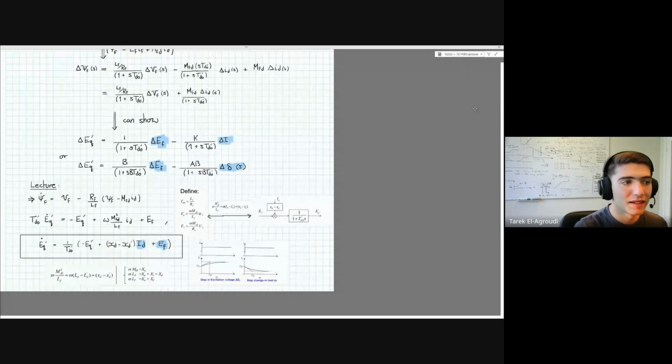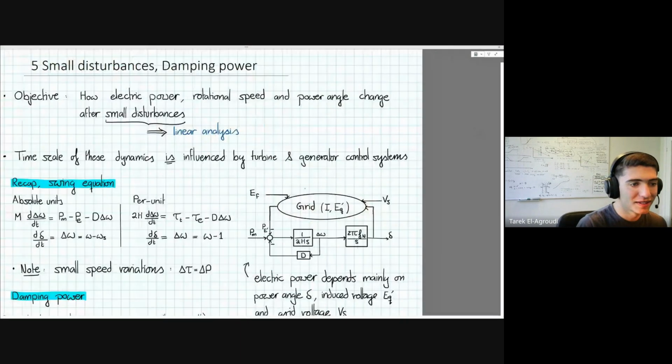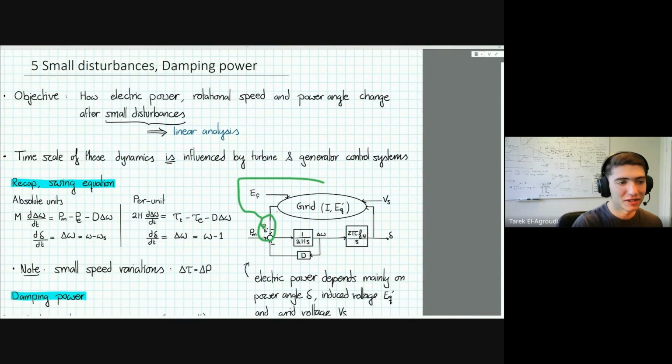And also in the power equation itself, the power angle comes in, and that's why, when we look at this cloud which is generating this electrical power, it's a function of the rotor angle, the terminal voltage, and the induced voltage.